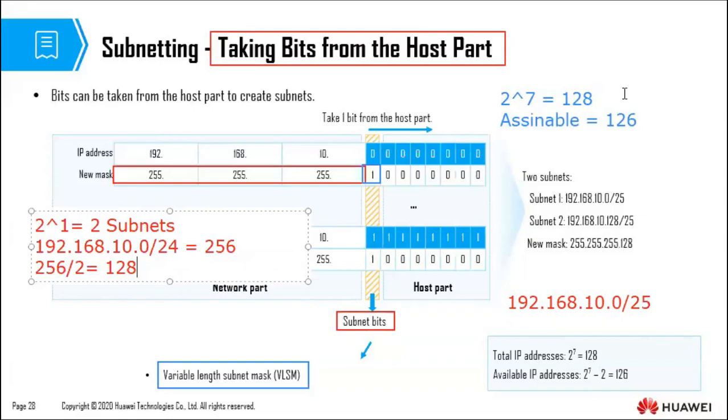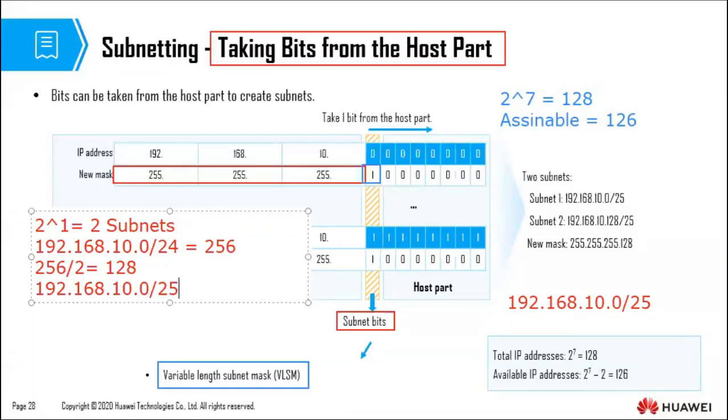Are you getting the point? For the first subnet, even without doing the AND, what do you think will be the network address? It will just be the same network address as it was for the /24, that first address.